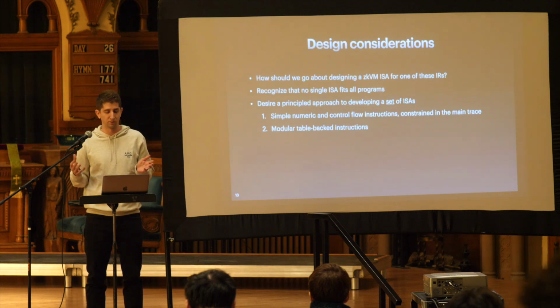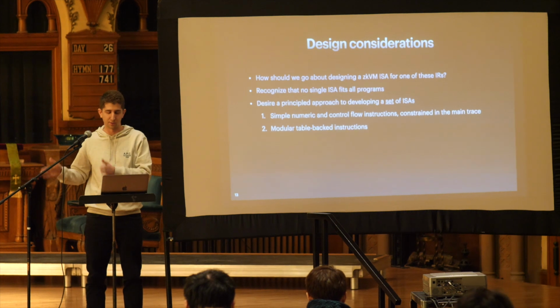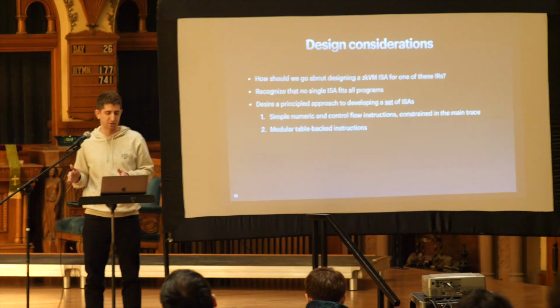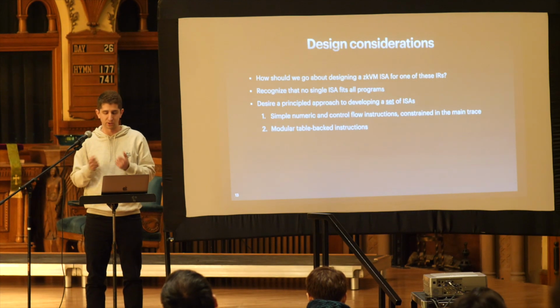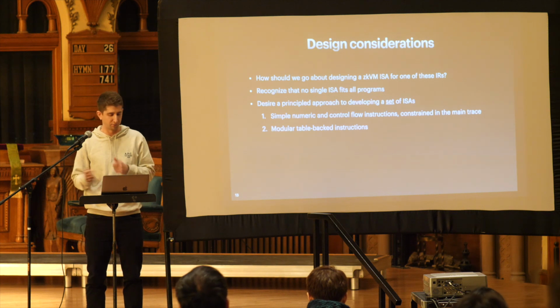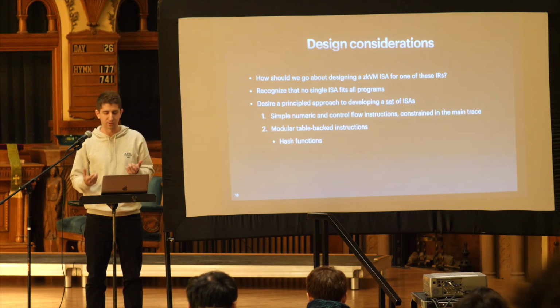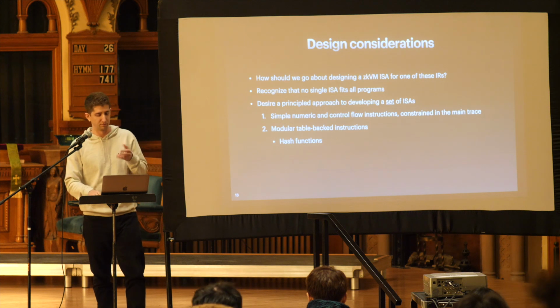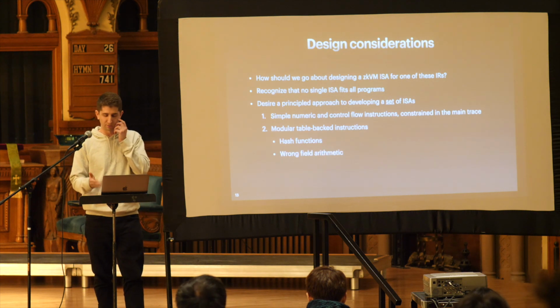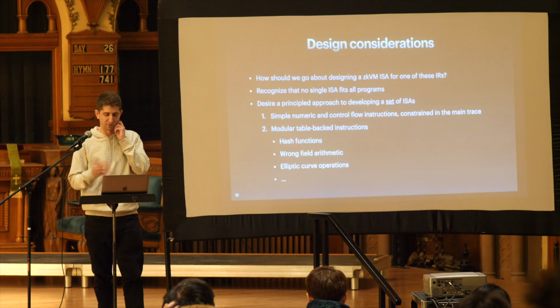And then we want more modular, table-backed instructions. These would be in separate tables, separate STARKs that the main trace communicates with through permutation arguments. These can handle hash functions, wrong field arithmetic, elliptic curve operations, and so on.